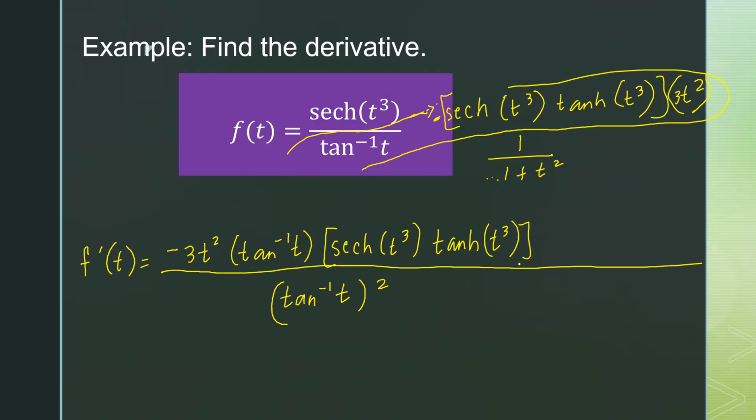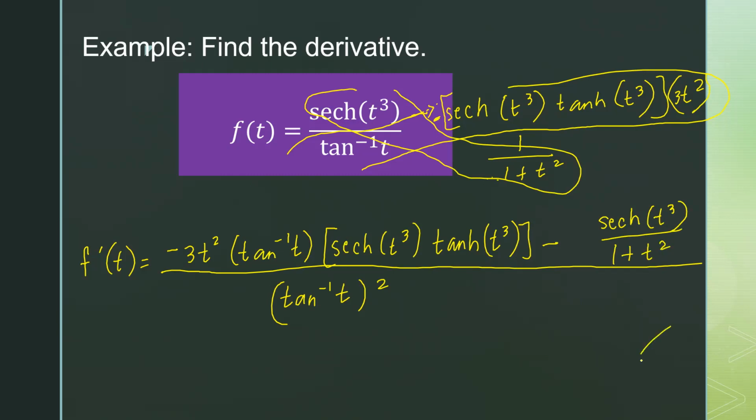Okay, so that's for low d high. Minus high d low. Ayun po ang ating high d low. Minus of that. So, nasa numerator si sech of t cube. Nasa baba naman si 1 plus t squared. Ayun, so that's it. That's for our derivative of this example.